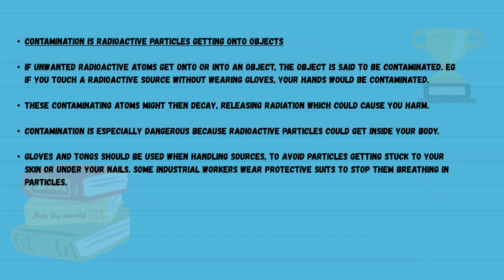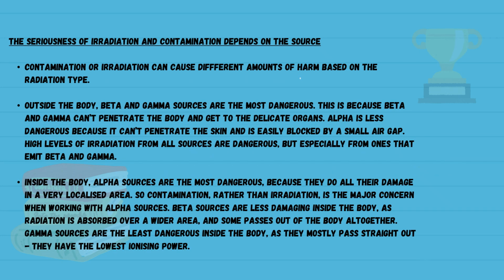To avoid particles getting stuck in your skin or under your nails, some industrial workers wear protective suits to stop them breathing in particles. The seriousness of irradiation and contamination depends on the source. Contamination or irradiation can cause different amounts of harm based on the radiation type. Outside the body, beta and gamma sources are the most dangerous.